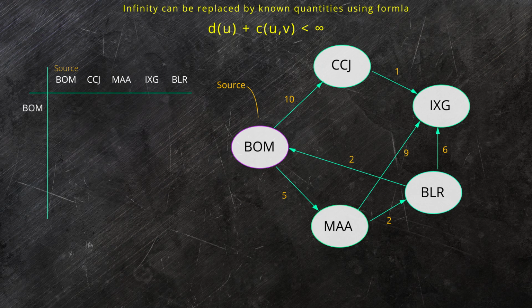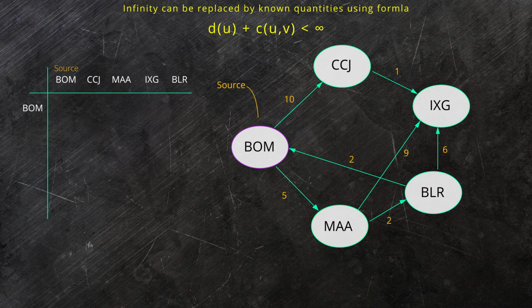If distance of u plus cost of u to v is less than distance of v, then v will be updated with the value of d of u plus cost of u to v. That means if distance of u plus cost of u to v is less than distance of v, v will be updated as distance of u plus cost of u to v.